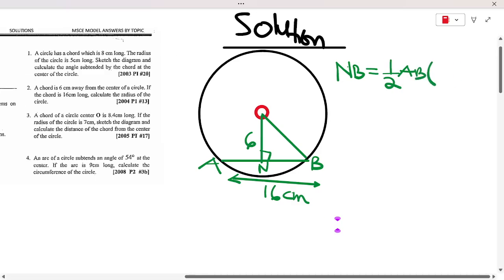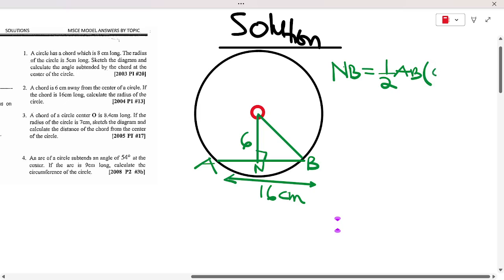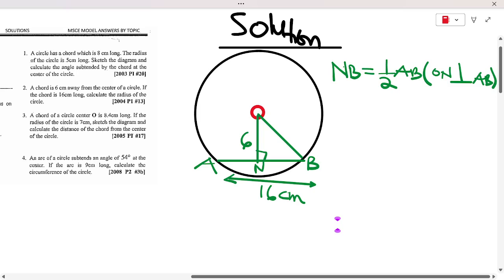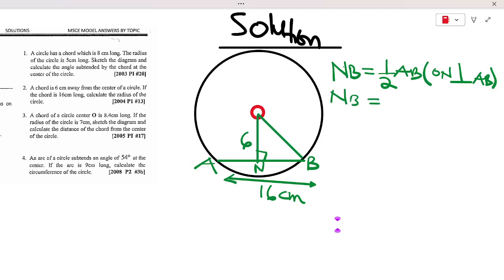We learned that a line ON from the center of a circle bisects the line AB. So NB is equal to 16 divided by 2, which is 8.